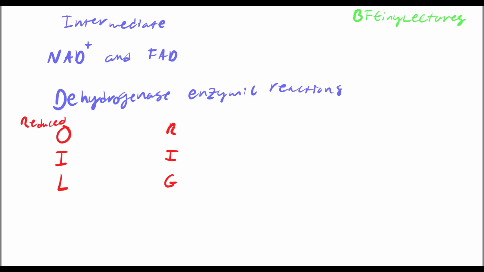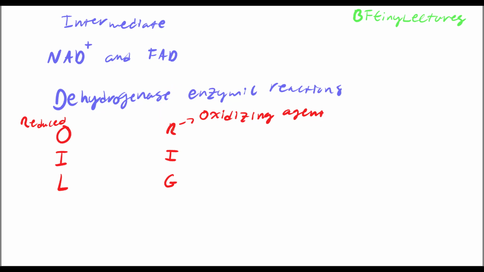RIG means reduction is gaining electrons or hydrogens. You'll see why I'm talking about hydrogens in a minute. So whatever is reduced is the oxidizing agent. Sorry. So this is the oxidizing agent.